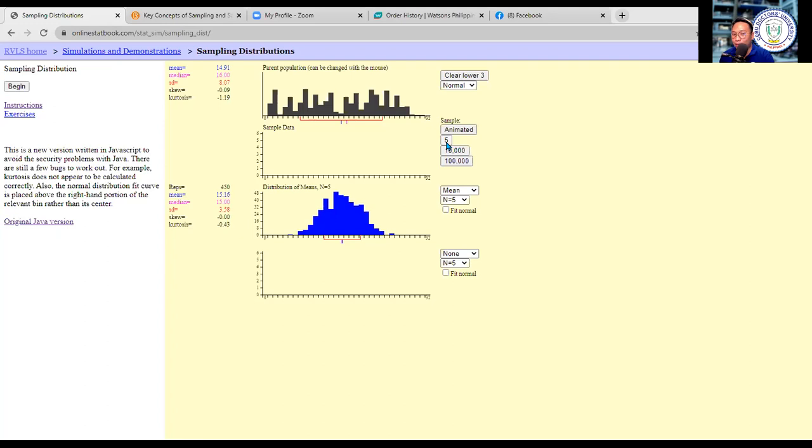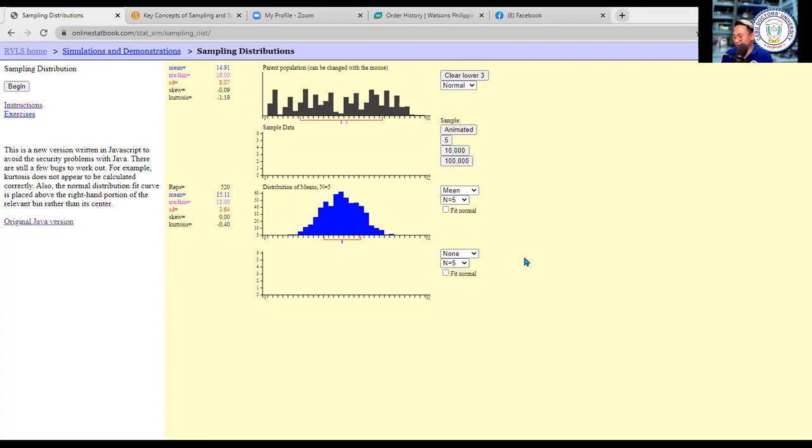I don't know, I only picked 5 a few times but there are already many. So what do you think, guys? What can you observe from the population, where the distribution is very spread out, and then the more samples of 5 elements we get, what happens to the curve?